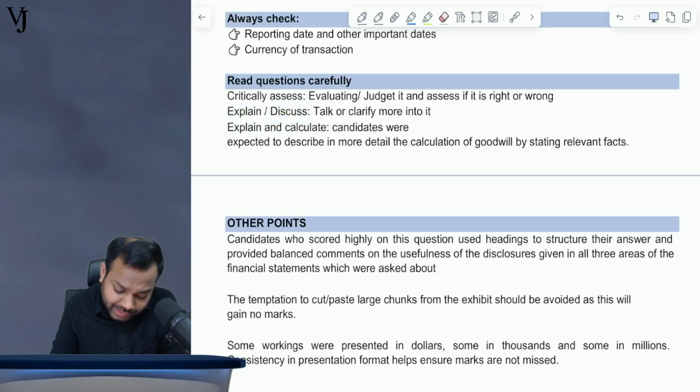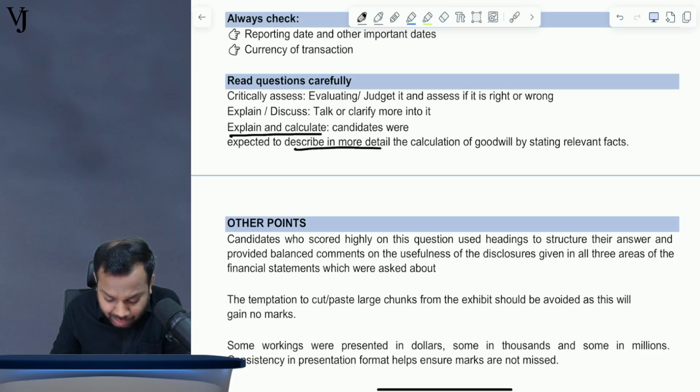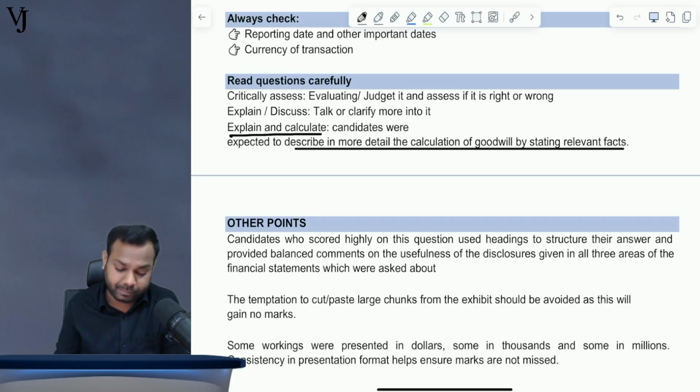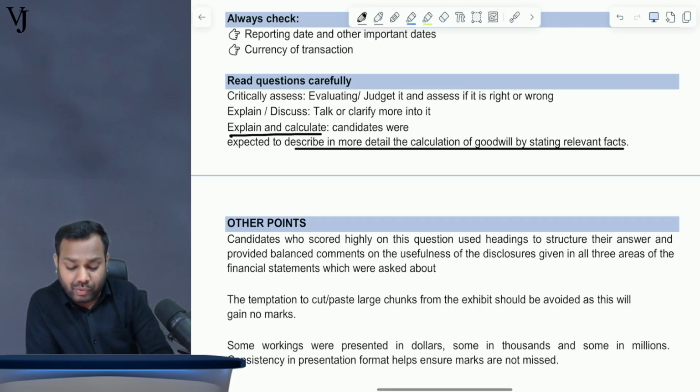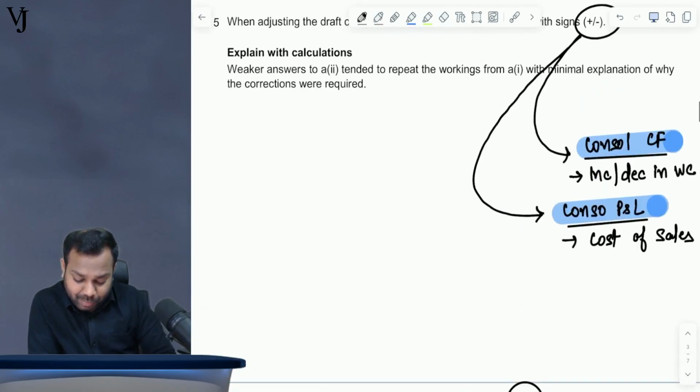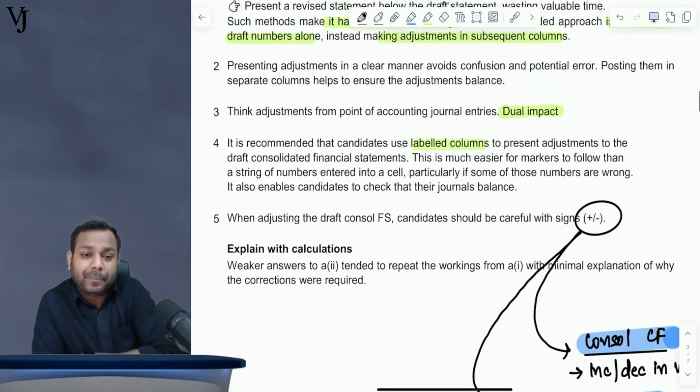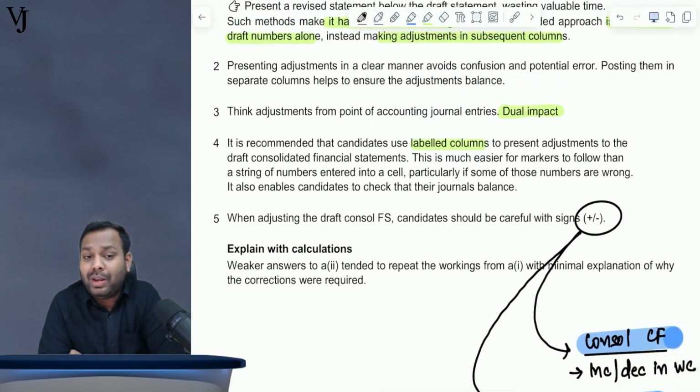If the question says explain and calculate, or explain with calculations, then candidates are expected to describe in more detail the calculations by relevant facts. Let's suppose in question number 1, the question comes: calculate goodwill and explain your workings.